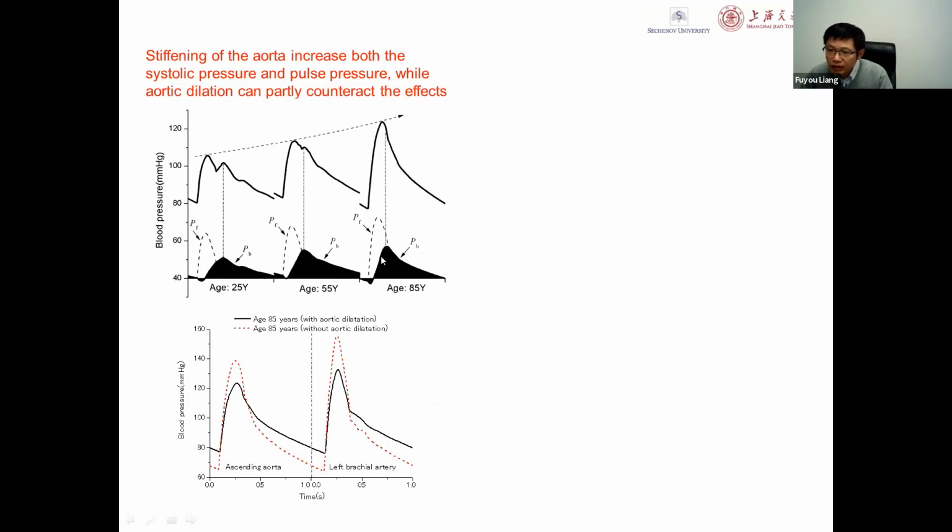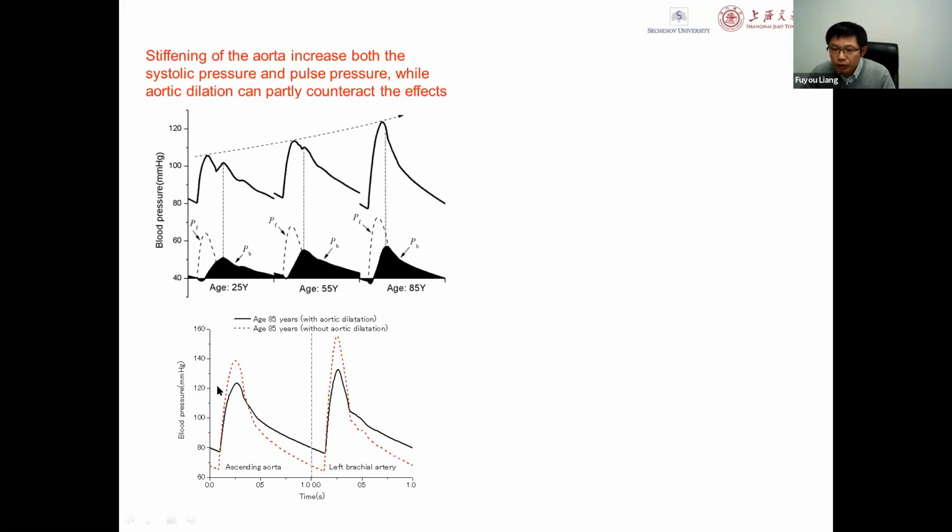So this reflected wave will superimpose onto the forward traveling wave to form a pressure wave which has higher systolic pressure and a wider pulse wave. And usually aortic dilation is considered physiologically degenerative.